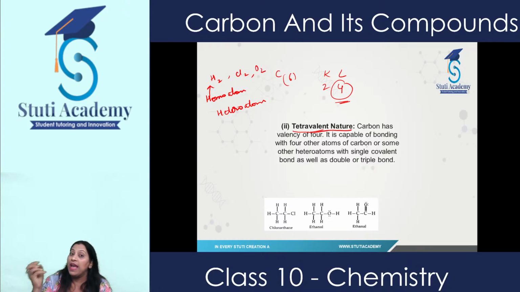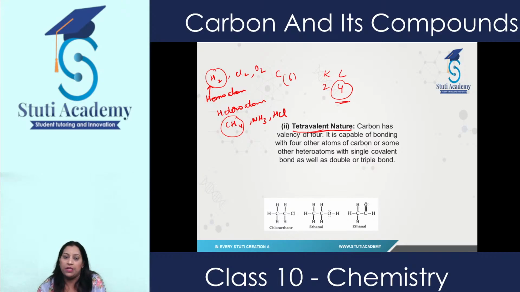And if we are talking about heteroatoms, that is CH4, NH3, HCl. So these are the examples of homoatom. It means it contains the same type of atom. But in heteroatoms, different types of atoms are present. So this is the difference between homo and heteroatom.